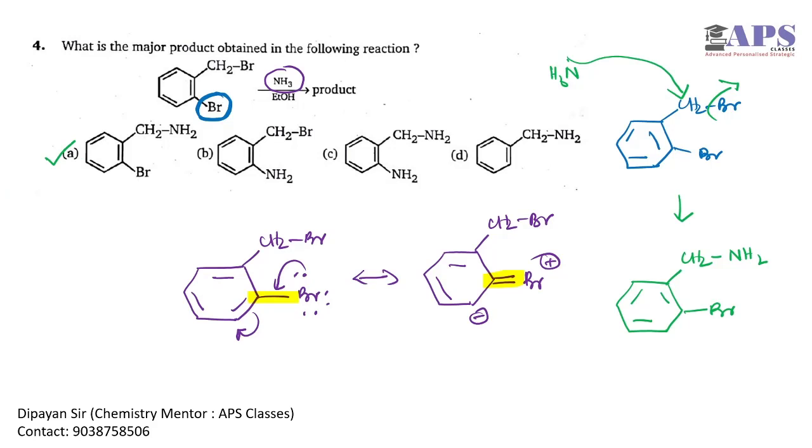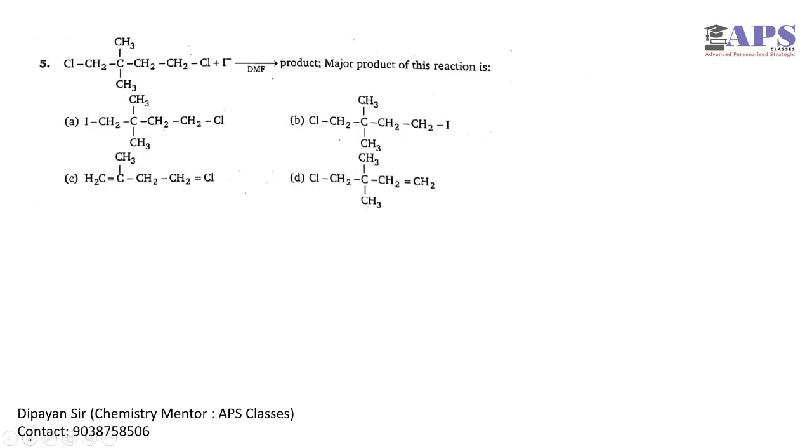Okay. So then the next question we are going to solve is question number 5. So DMF is used. Okay. So DMF is nothing but dimethyl formamide, which is a polar aprotic solvent. And in this polar aprotic solvent, iodide will behave like a nucleophile.